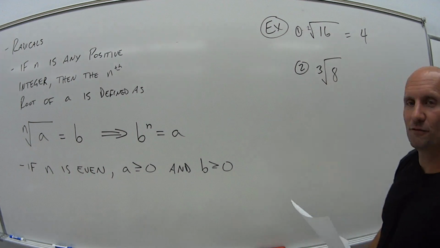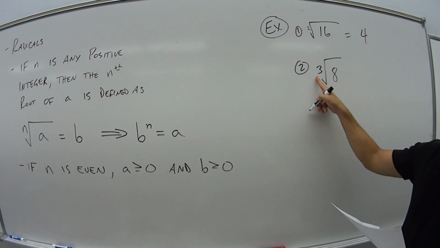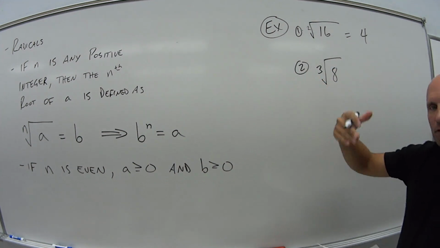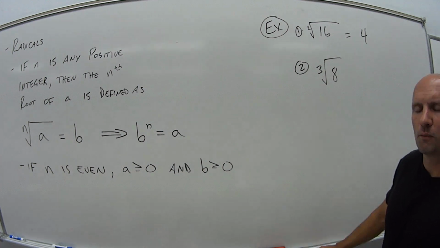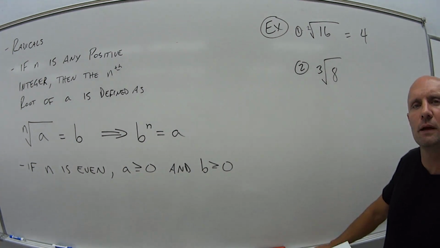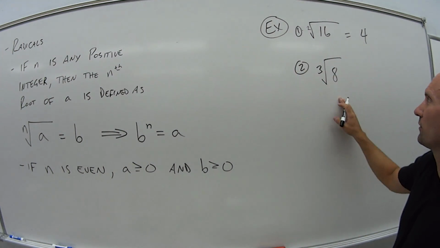Cube root of 8. So what number to the third power, so that means what number multiplied by itself 3 times would give me the number 8. So if you remember earlier on in section 1.2 here, we talked about exponents. And so this is essentially reversing the process.